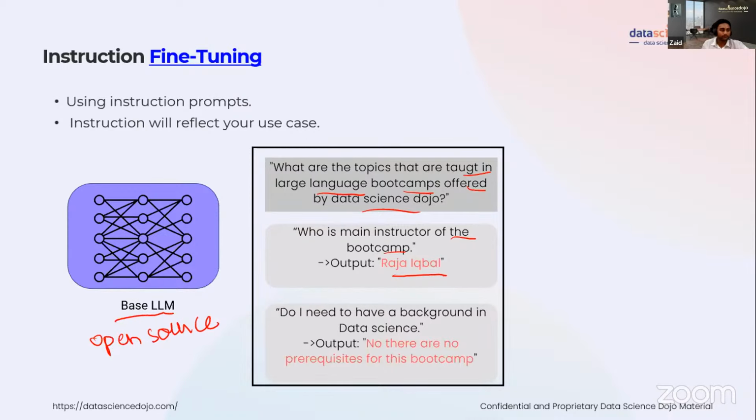Do I need to have a background in data science before joining this bootcamp? No, there are no prerequisites for this bootcamp. These are some examples of what we want to achieve throughout our fine-tuning, so that our open source LLM, which is not aware of this data, can answer them. I'm just fine-tuning my model using this data.